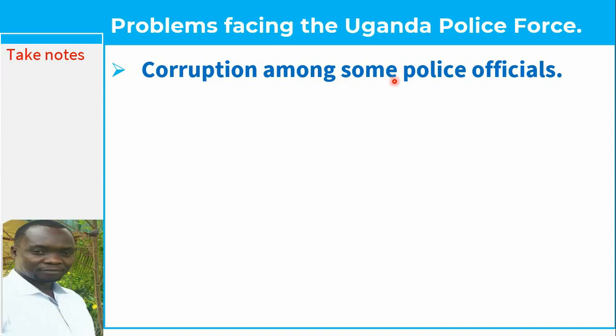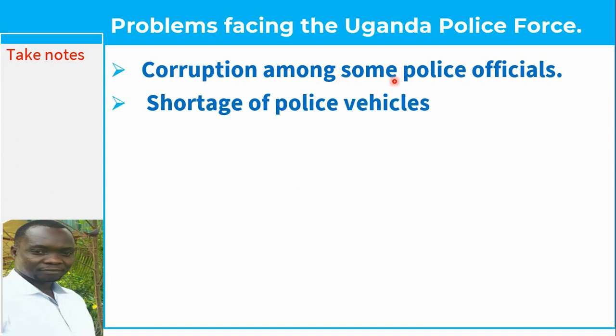We have some very few corrupt officials in the Uganda Police Force, and it has become a big problem. I hope that the children that I'm teaching, when they grow up and become police officers, they will not be corrupt police officers.